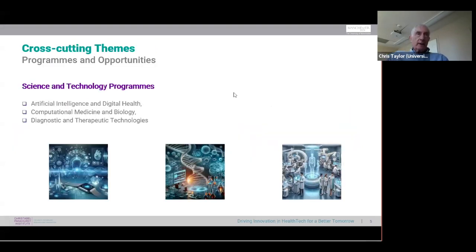Cross-cutting those are themes in artificial intelligence and digital health, computational medicine and biology, and diagnostic and therapeutic technologies. So that includes materials, so that includes physical intervention, not just digital intervention.